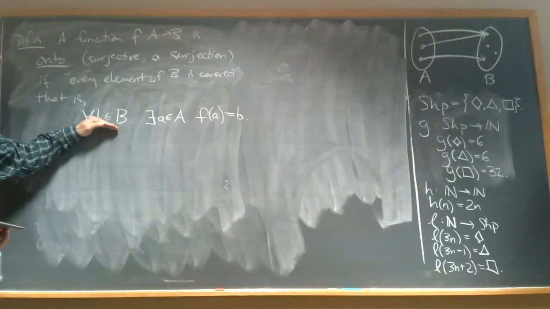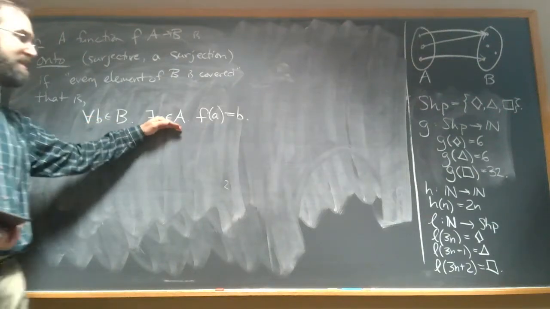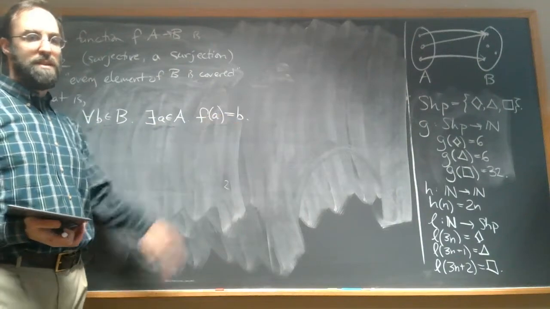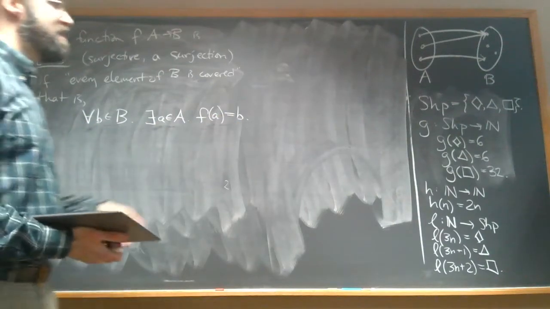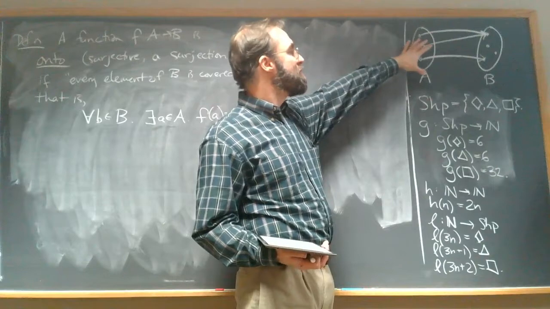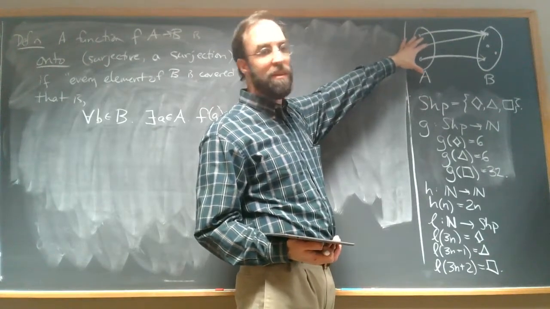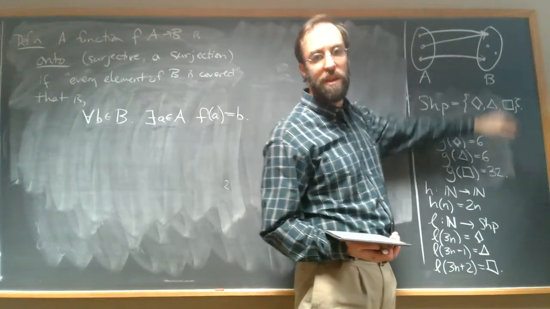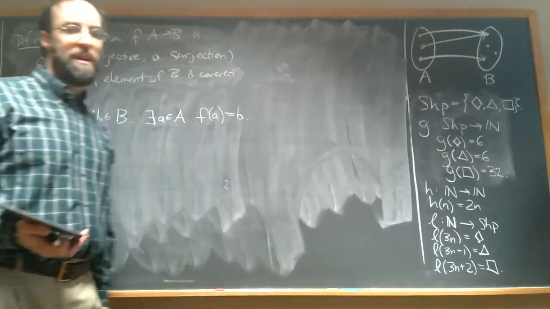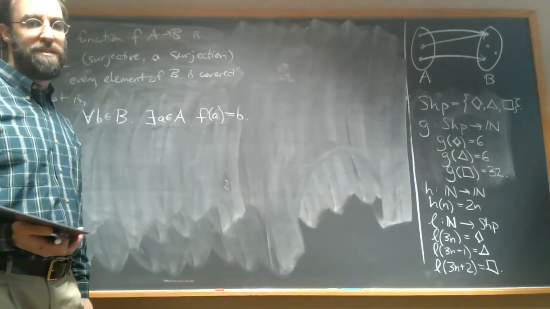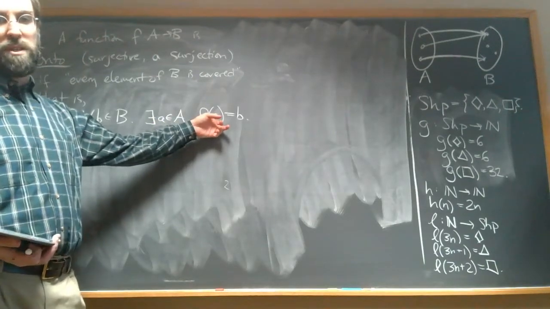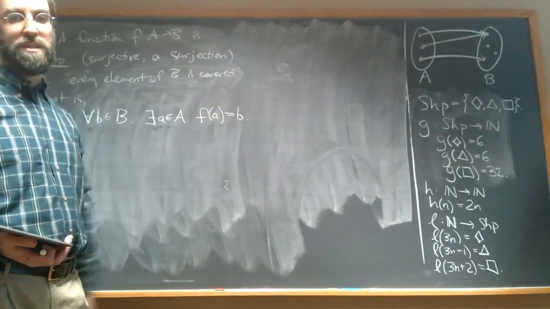For any b, we can find at least one a where the function sends that a to that b. And again, this example function up here is not onto because these two dots here don't have any arrows coming into them, right? They don't get hit by any a, or they're not covered, so to speak. We cannot find some a such that the function f sends a to that b.